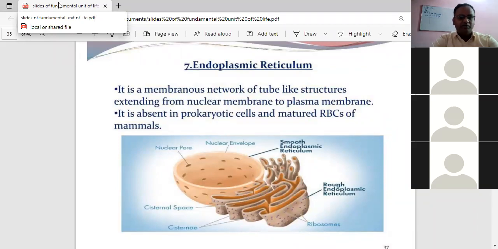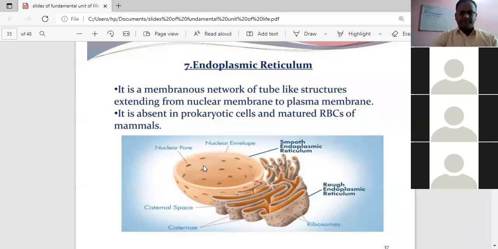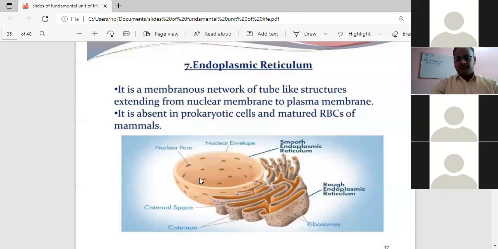Its location is very specific, due to which the function of the endoplasmic reticulum is decided; we give weightage according to its location. Can anyone say where it is present? You can see in the diagram also. It is placed near a very important cellular part. So what is that?